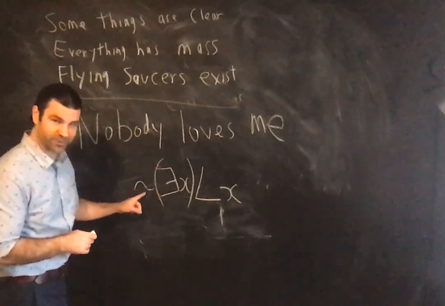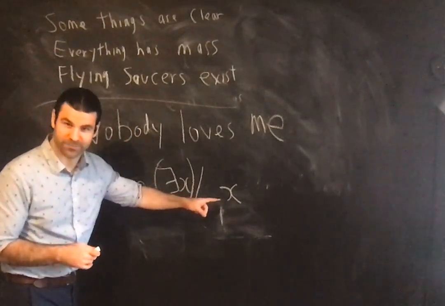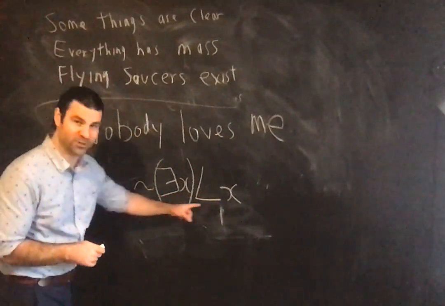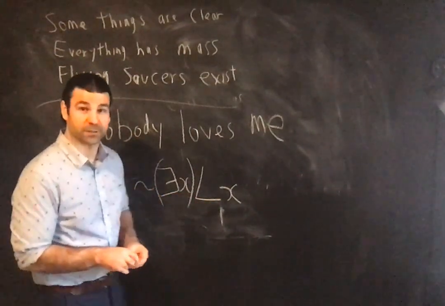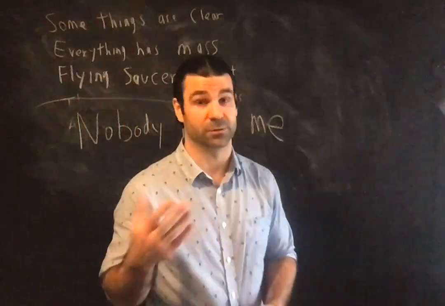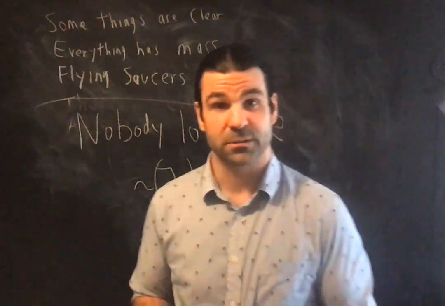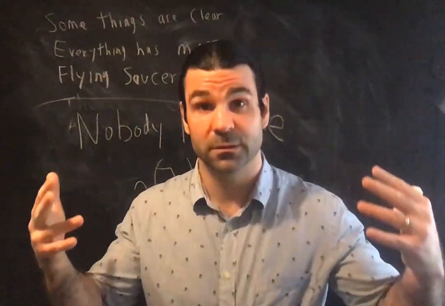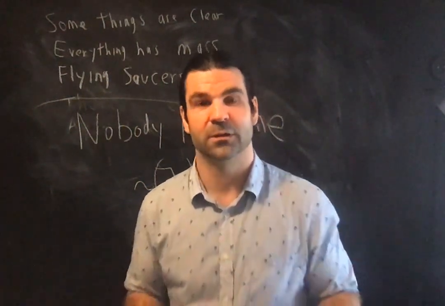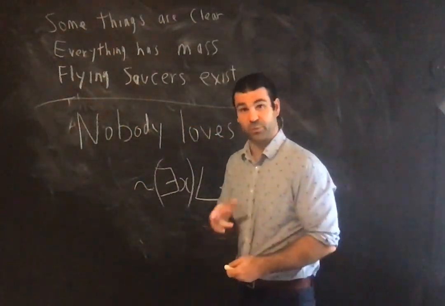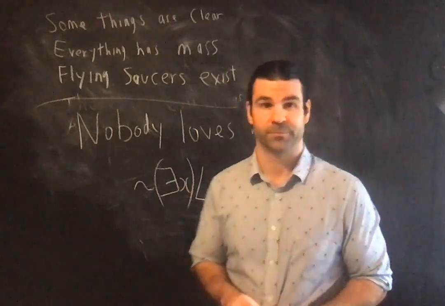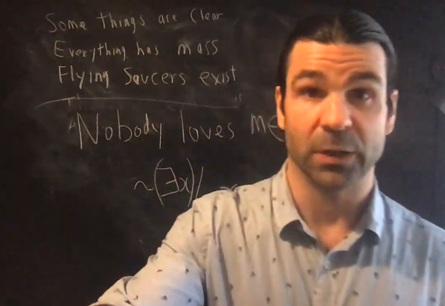I'm saying it is not the case that somebody loves me, right? That's how you say nobody loves me. And this is crucial to know because you'll have lots of translations that require this. Whenever you have "nothing" or "none of," you symbolize them with the negation and the existential quantifier, right? And we'll elaborate on that when we get to that section.